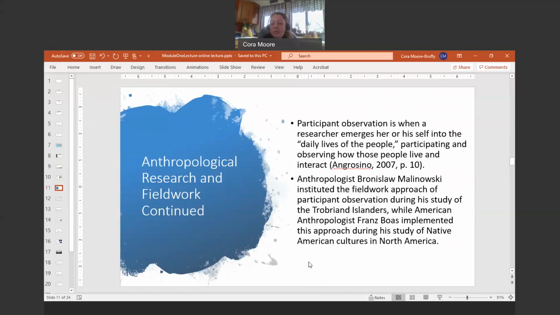But these early anthropologists, their works and their fieldwork and their journal articles and stuff, they're valuable to us today because they help us to understand these cultures that we can't quite get to today, or we can't quite understand because of globalization or those types of Western influence.